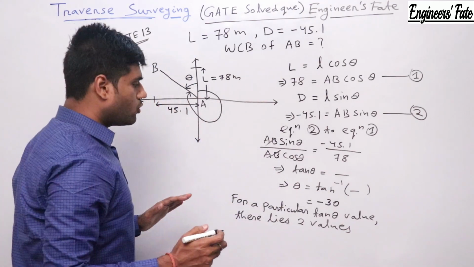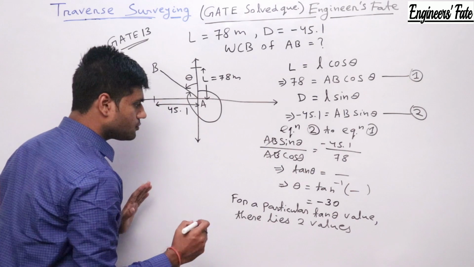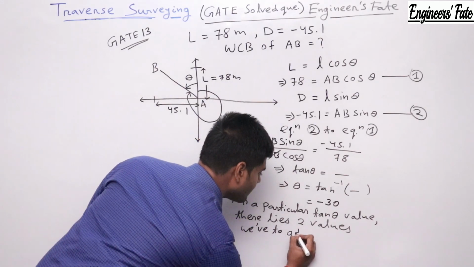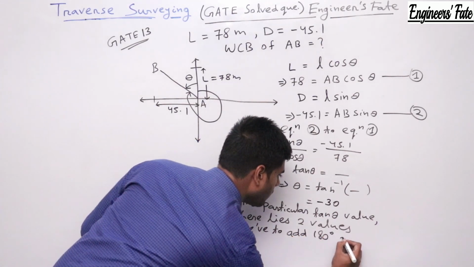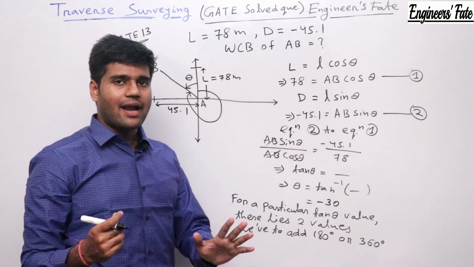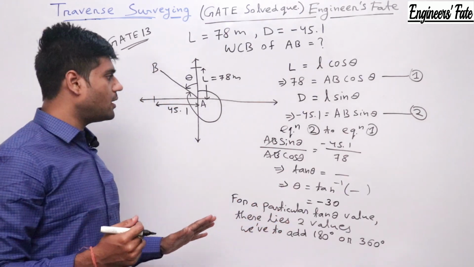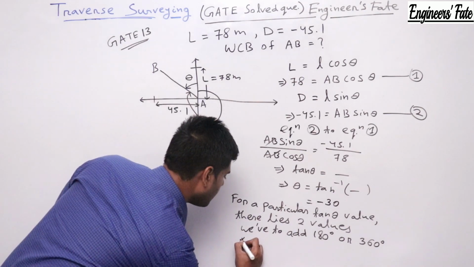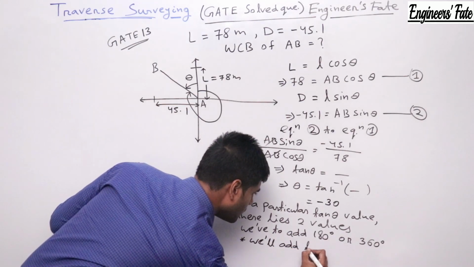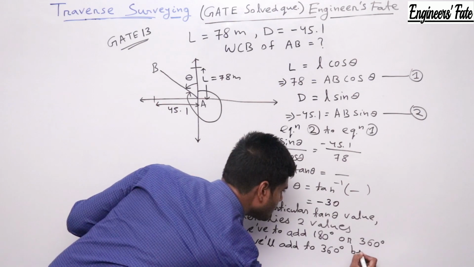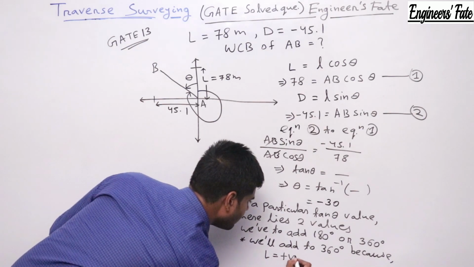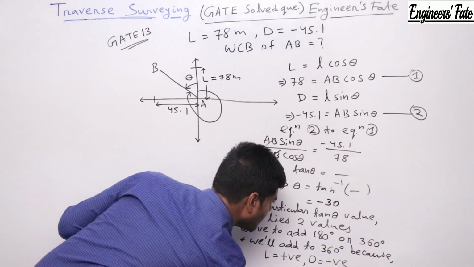So to get the value we have to add either 180 degree or 360 degree, but we will add 360 degree because latitude is positive and departure is negative, fourth quadrant.